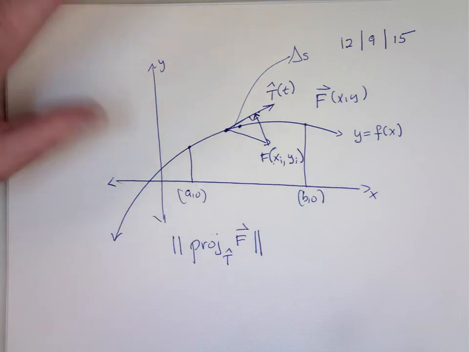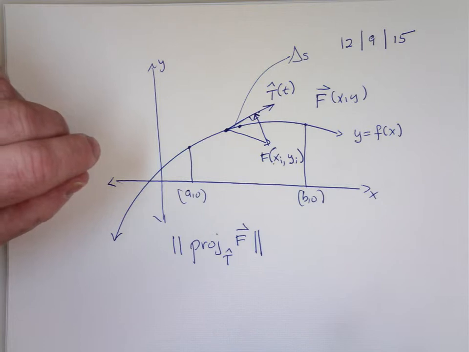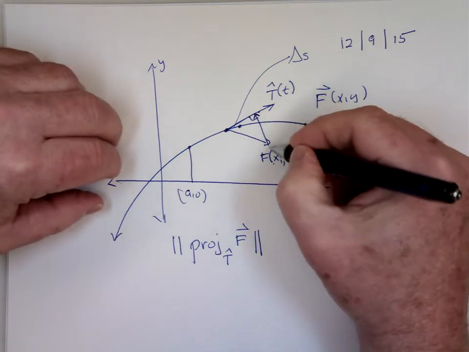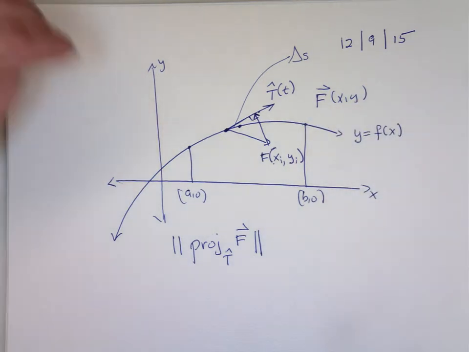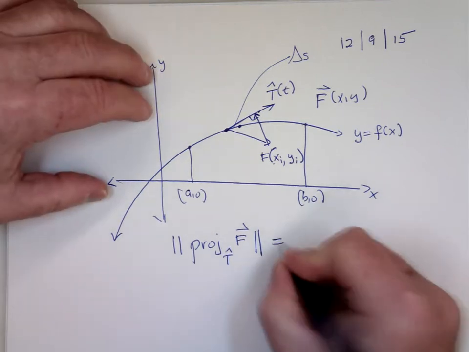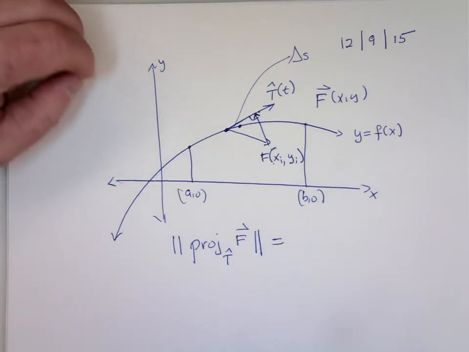Because that's the force we're concerned about. We're not concerned about the amount of force perpendicular to our motion because there's no work done there. All right, so here's the deal. How do you find the magnitude of the projection of the force on the unit tangent? You remember that formula for the magnitude of the projection? Dot product over the magnitudes.